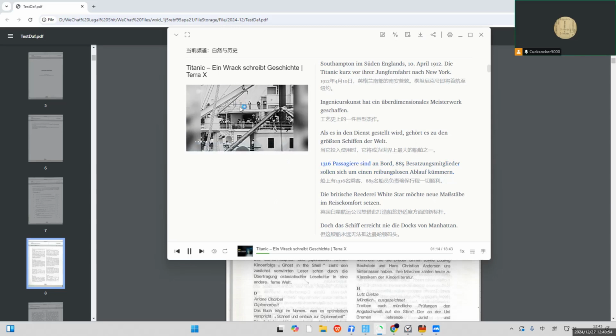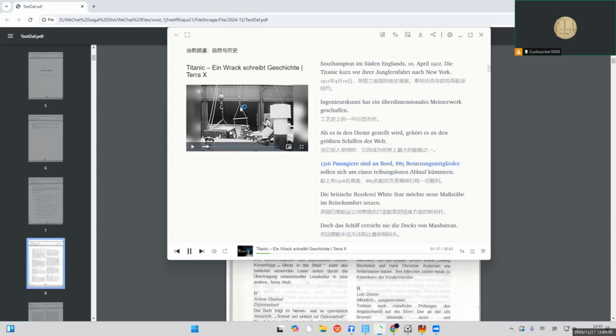1316 Passagiere sind an Bord. 885 Besatzungsmitglieder sollen sich um einen reibungslosen Ablauf kümmern. Okay. I still missed the soll sich um einen. Yeah, soll sich um einen.